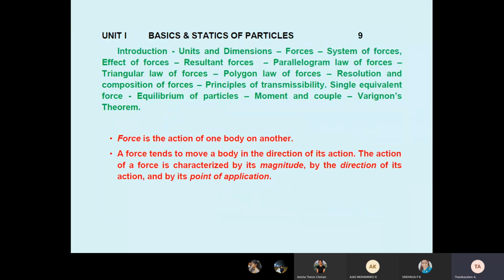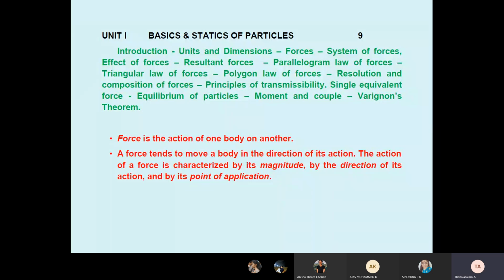These are the topics: introduction, units and dimension, forces, system of forces, effect of forces, resultant forces, parallelogram law of forces, triangle law of forces, polygon law of forces, resolution and composition of forces, principles of transmissibility, single equivalent force, equilibrium of particles, moment and couple, Varignon's theorem.